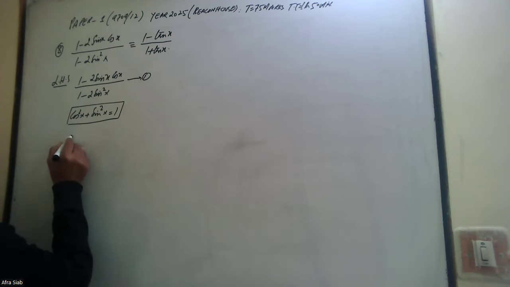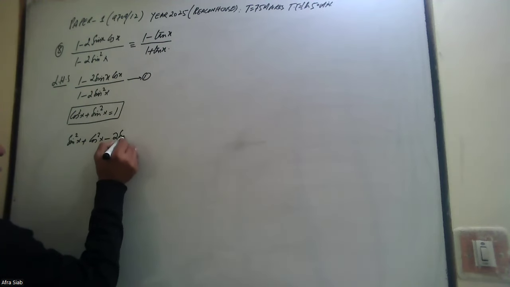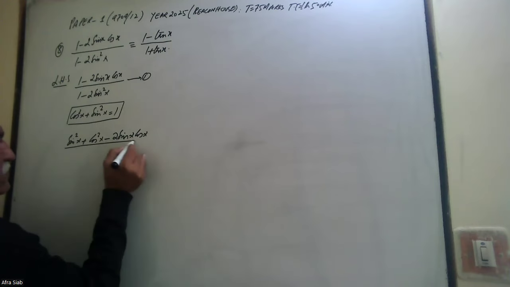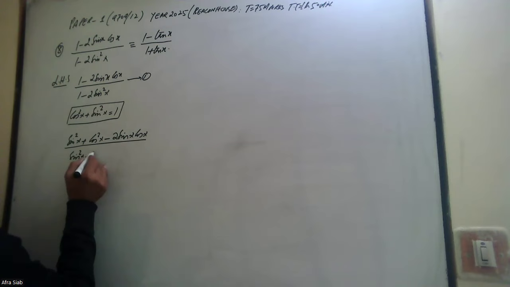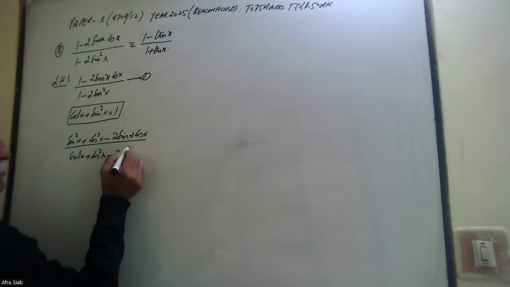So it should be equal to sine square of x plus cos square of x minus 2 sine of x cos of x over, again, sine square of x plus cos square of x minus 2 sine square of x.